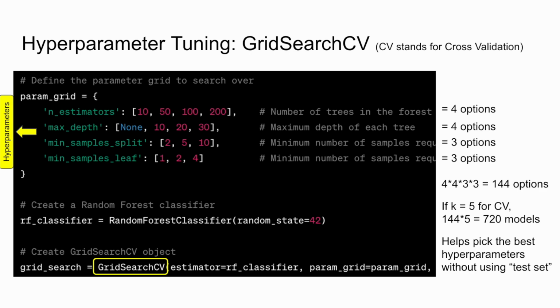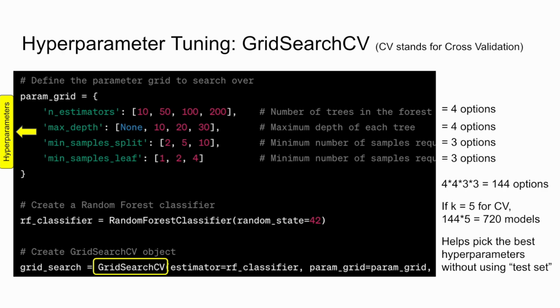You can start by providing a list of hyperparameter options you want to explore. For example, in this code we have 4 different hyperparameters for random forest classifier, and each hyperparameter has either 3 or 4 possible options. The grid search will evaluate every single hyperparameter combination, which is 144 options. And let's say we pick k as 5 for cross-validation.